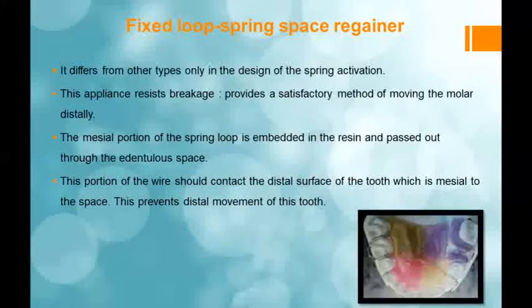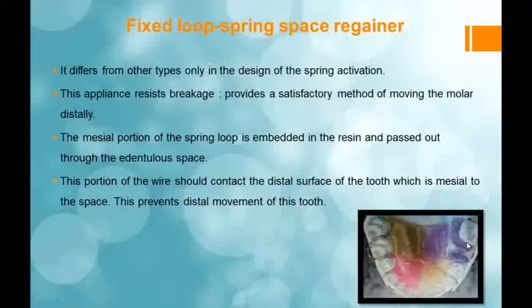Now the fixed loop spring space regainer differs from the other space regainer designs in the form of the spring activation. The appliance resists breakage and provides a satisfactory method of moving the molar distally.